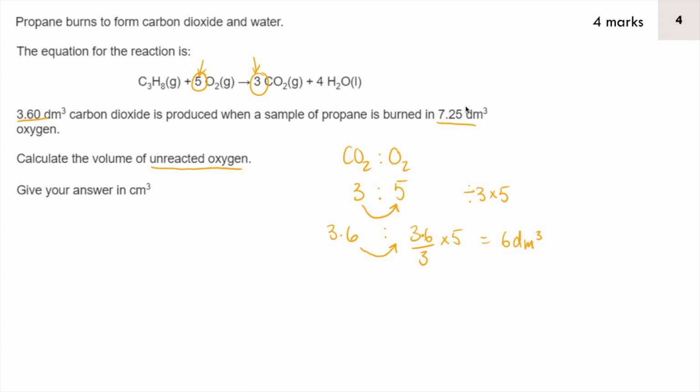Okay, so what we can do is just take this total amount of oxygen, take away the amount that reacted, and we will get the amount that was unreacted. So 7.25 take away 6 is 1.25 decimeters cubed. Now it's asked us to give our answer in centimeters cubed, so to do that we need to multiply by 1,000.